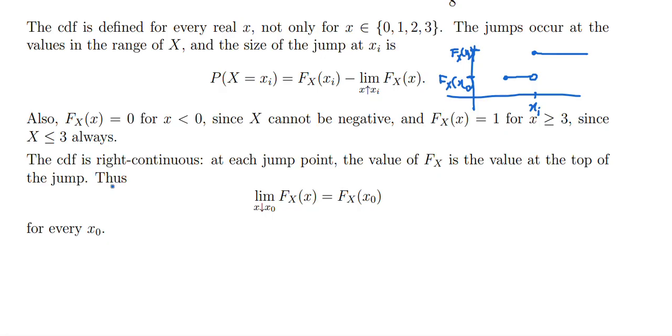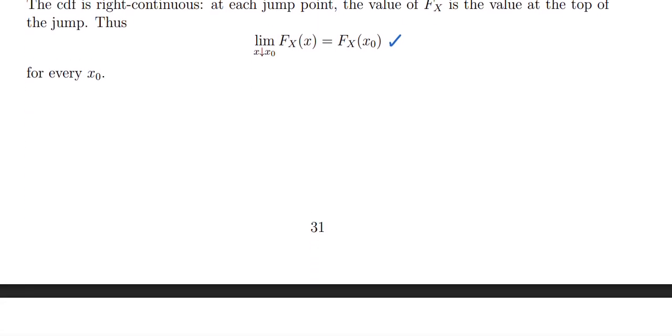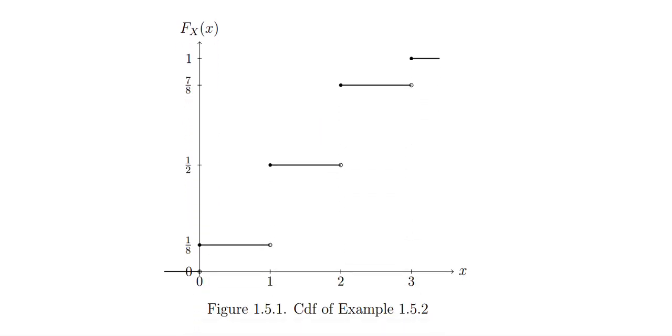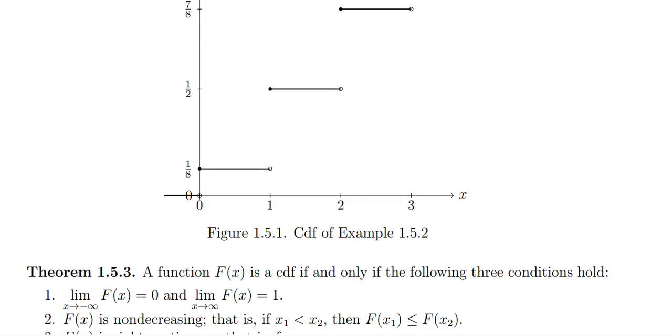Thus, the limit as x approaches x_0 from the right is F_X(x_0). Intuitively we show this: it is right continuous. This is again an example graph for showing right continuity.